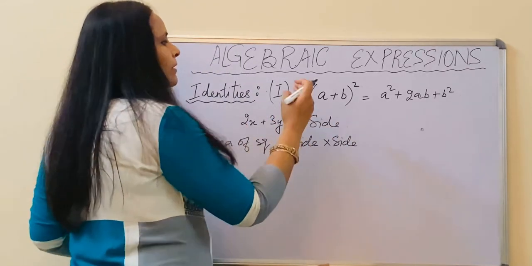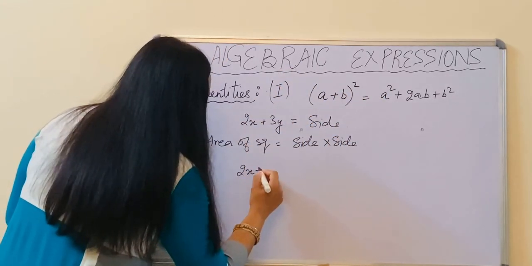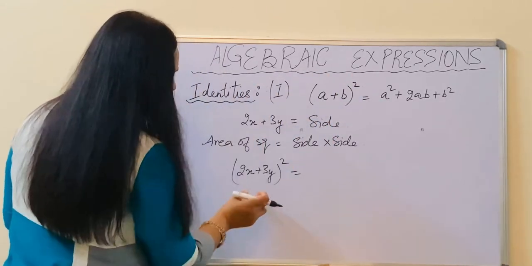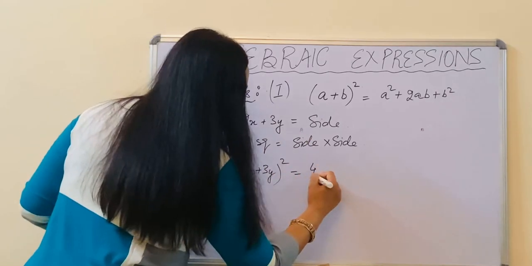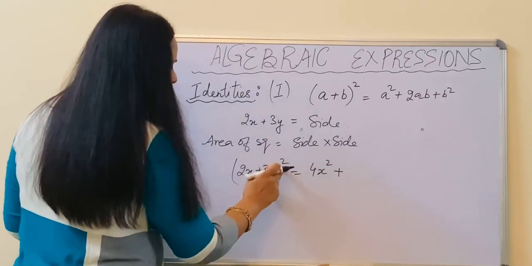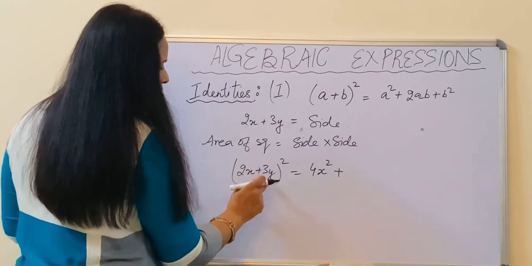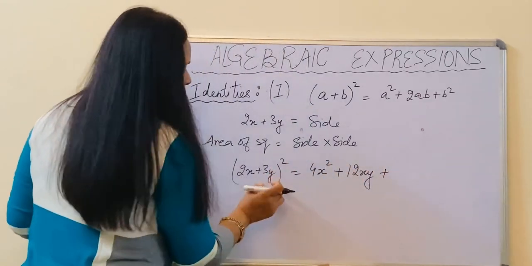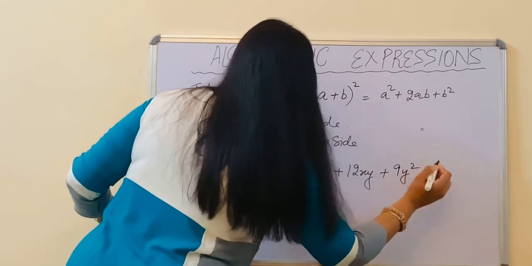Now how can we simplify it using the identity? This means 2x plus 3y whole square. This means using the identity, first term 2x square means the square of this 4x square plus 2 into 2, 4 3s are 12 xy, 12 xy plus 3y term square means 3 3s are 9y square.